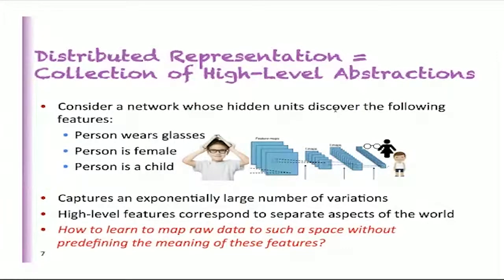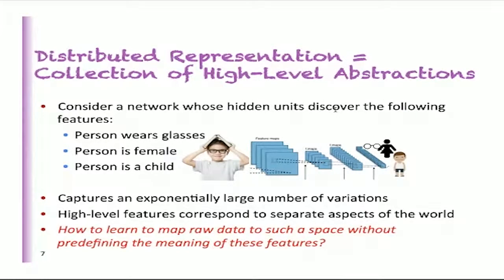You can think of these as a large set of binary features, actually they could be continuous, which characterizes any particular input, here a particular image of a person. And because each of these features can be on or off, or more or less active, that captures an exponentially large number of potential variations in the data. And also, these kinds of representations can easily allow us to predict high-level semantic things we care about.